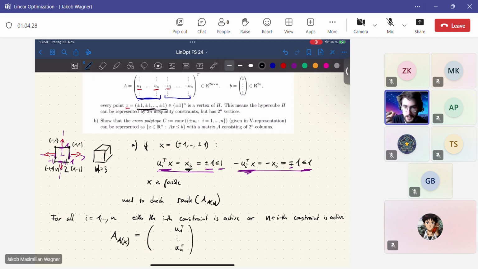If x_i is positive, then u_i is active and minus u_i is not. And if x_i is negative, then minus u_i is active and u_i is not. So we get that the matrix of the active indices is given just by the sign of the x_i's times the ith unit vectors.